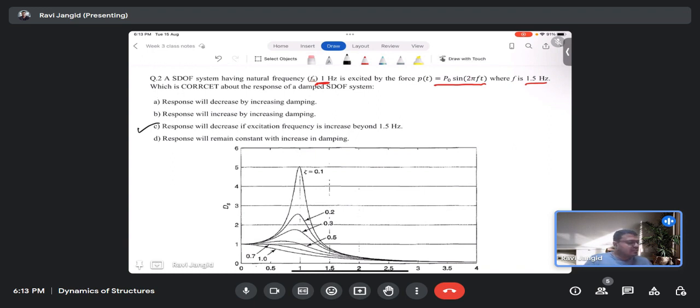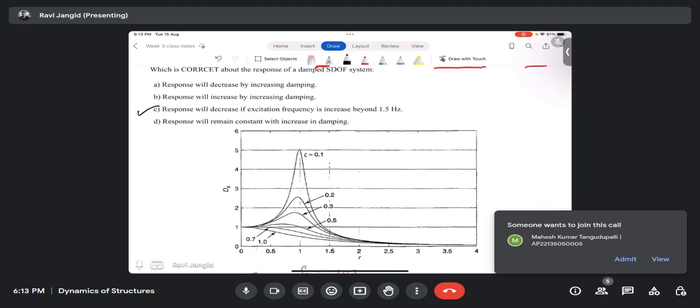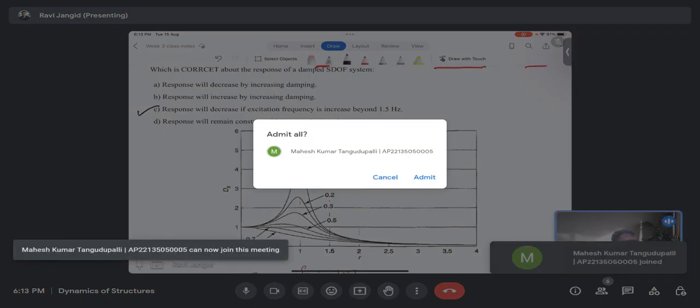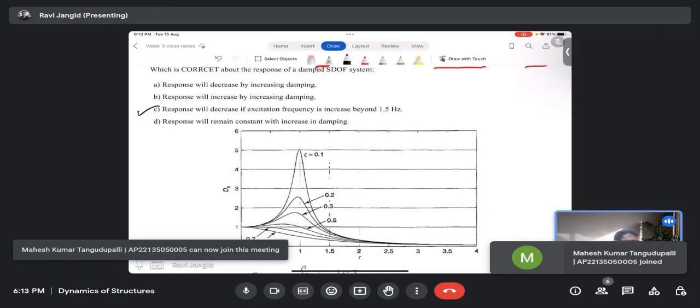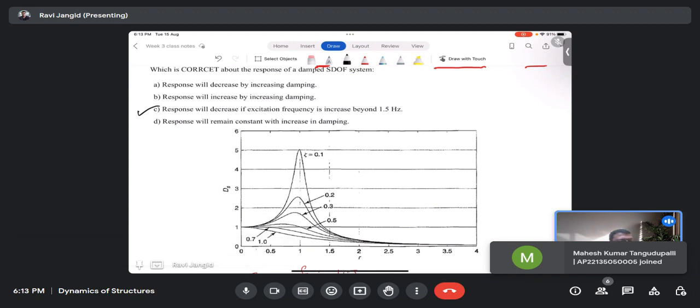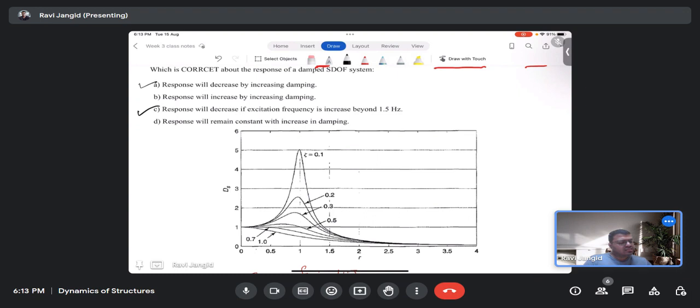Now on the right side also, if I increase the damping, my response will automatically decrease, as we can see. So from 0.1 to 0.5, if we go, we can see that with increasing damping, my response will always be lesser. So option B will not be there, and option D is obviously not proper.